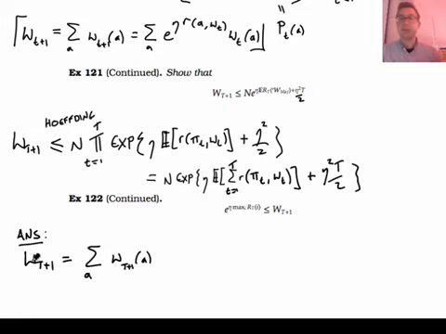That's the definition of w of t plus 1. Well, the biggest of all these little w of a is certainly going to be in that sum, isn't it? So certainly we have the following inequality. Does that make sense?